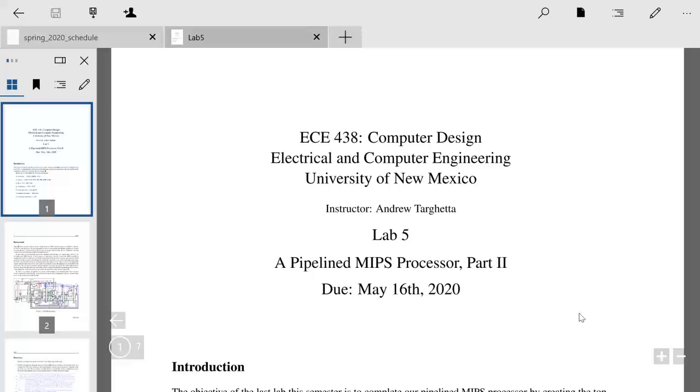If you recall, in some of the pipeline diagrams that we talked about in lecture, we have this concept of register writes happening at the beginning of the clock cycle, the first half, and reads happening at the end of the clock cycle.